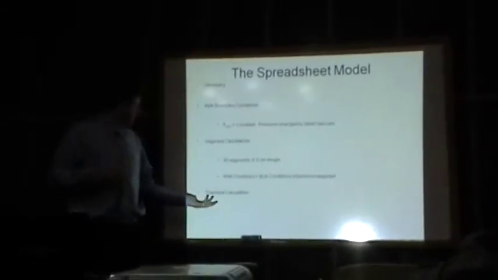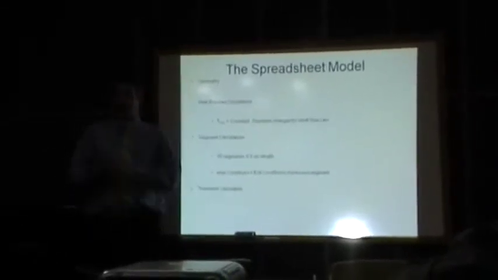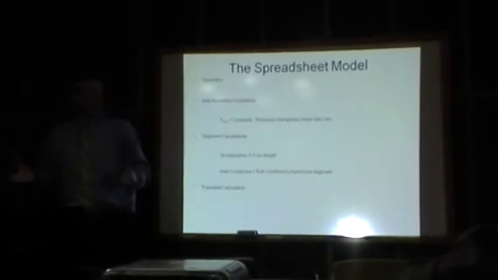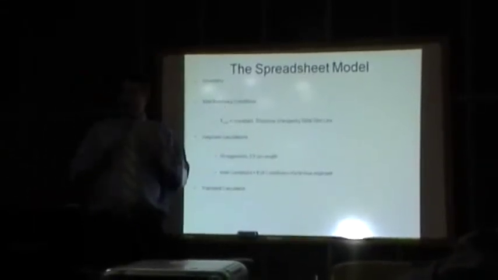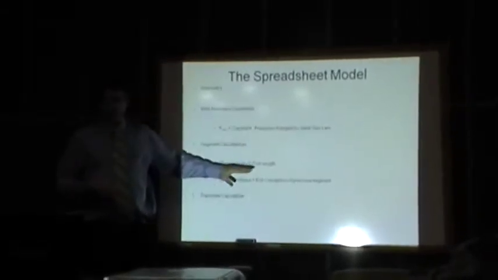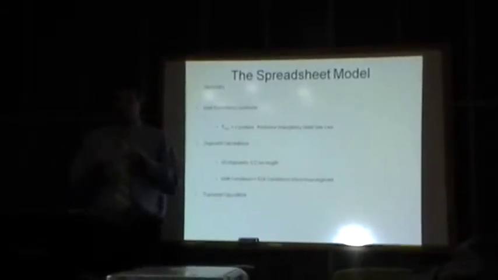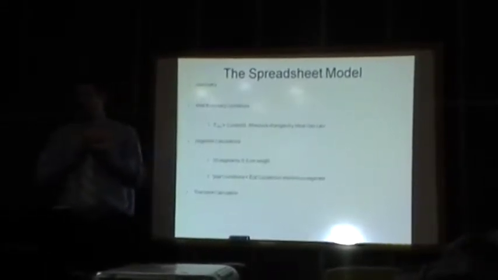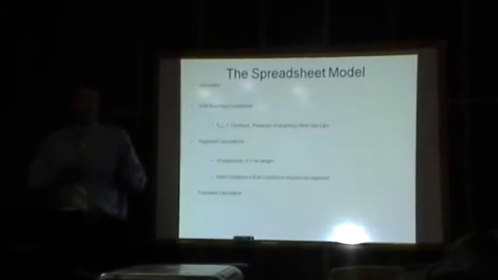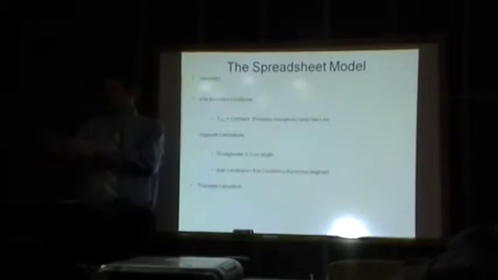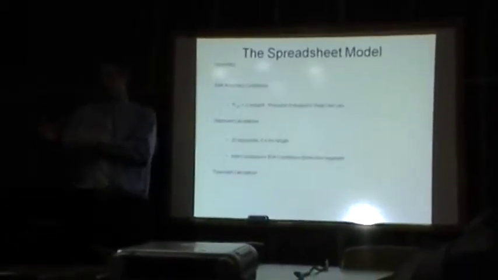So the way I constructed a transient calculation of what happens over these 22 seconds was a quasi-steady state model: for a given time interval, I assumed it was steady state, went through the calculations, looked at all the changes in energy of the core and the change in the mass of carbon dioxide in the tank, and then used that as the inputs for the next time interval calculation.